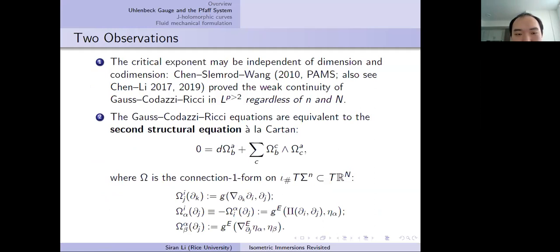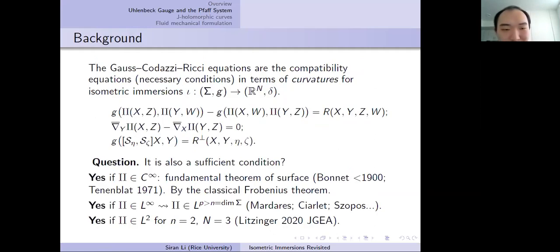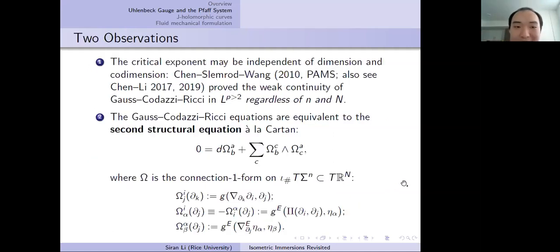Yes. So as we claimed, I want to generalize Litzinger's result to arbitrary dimensions and codimensions. This idea is based on two observations. First of all, the critical exponent, the p in the above page, I realized that maybe it is independent of dimension and codimension. The motivation came from this paper by Gui-Qiang Chen, Marshall Slemrod, and Dehua Wang in 2010.